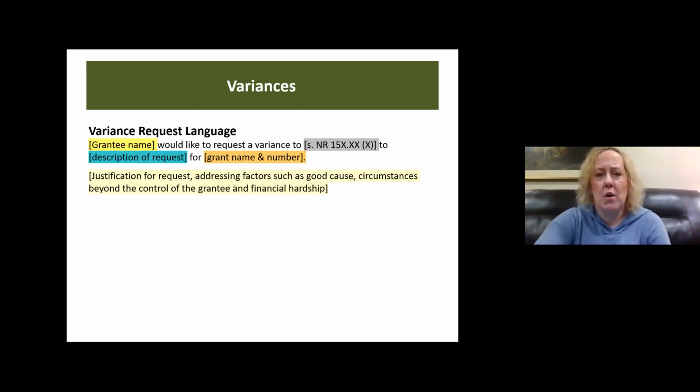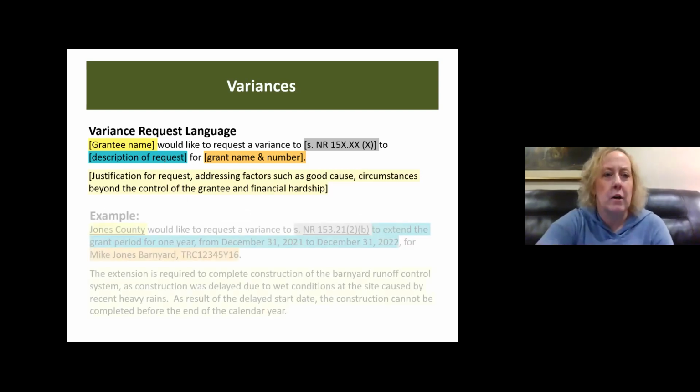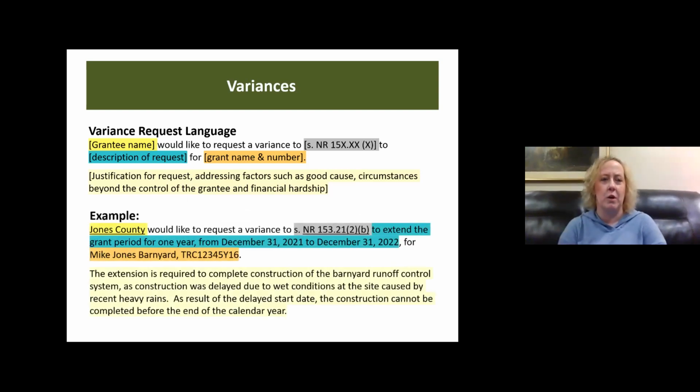And so, your written request doesn't need to be a master's thesis, doesn't need to be too long, but it should be clear. And so we just have some examples here of how to structure it. Again, provide that information about who's requesting it, the applicable code section, what you're hoping to see happen, in this case, it's an extension for going to a 4th year, and then provide some justification.